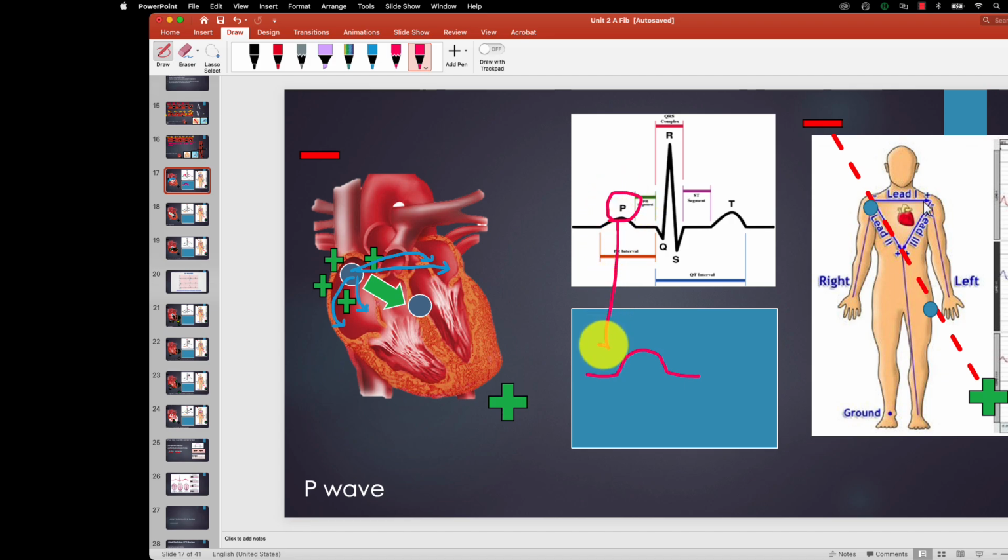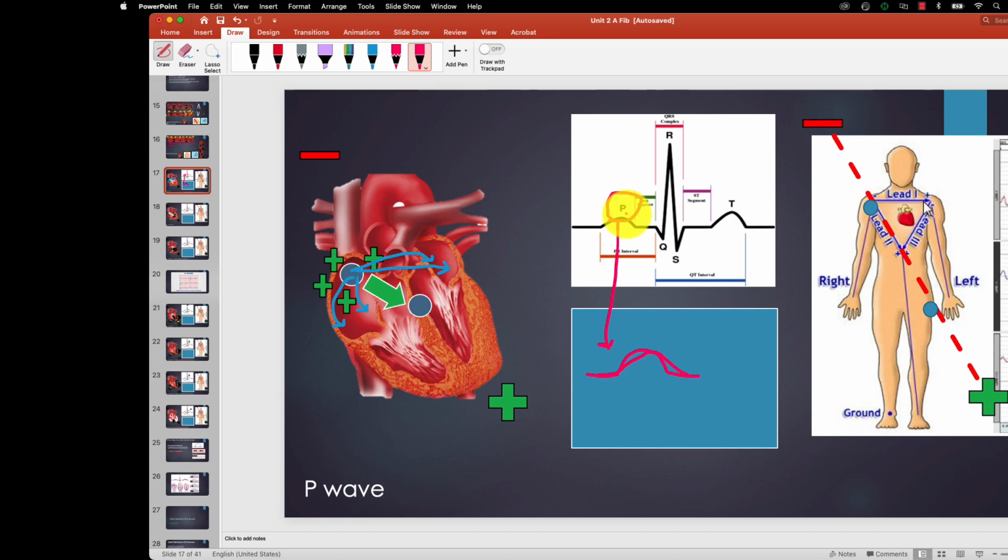So when the SA node fires and all these cells are filled with positive ions, and those positive ions are traveling towards this positive electrode, right? And away from this negative electrode, we get our first deflection and we get that P wave.